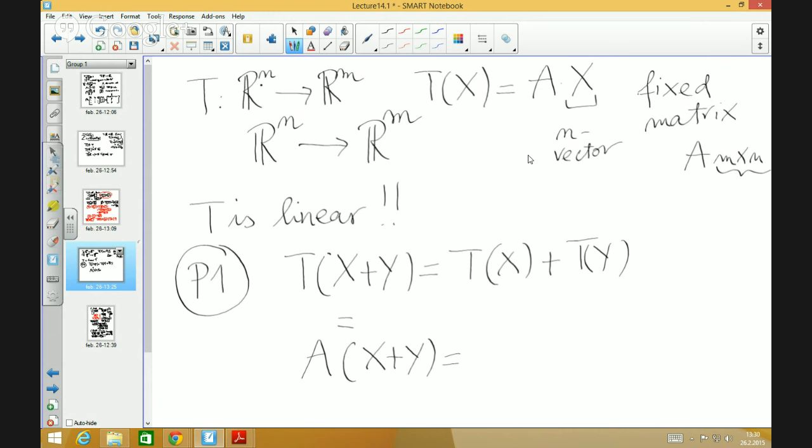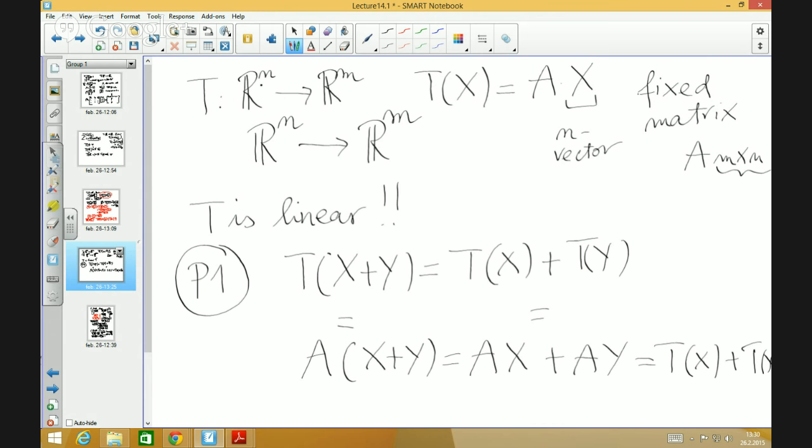One of your colleagues is saying it's A times x plus A times y. You distribute. Any doubts about this? No. But what is A times x? Well, that's T of x. What is A times y? It's T of y. That's what we wanted to show. This is exactly this.